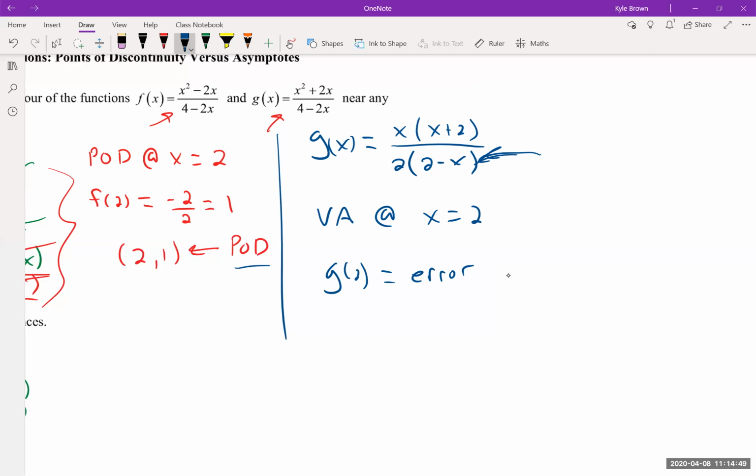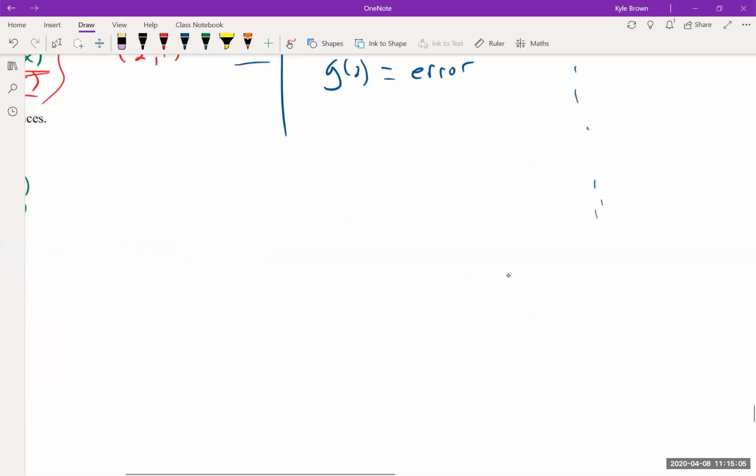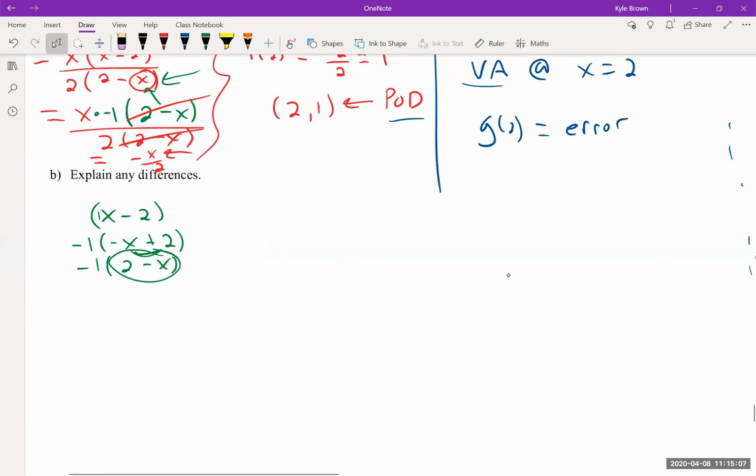So there is no actual point for a vertical asymptote, because it's a vertical asymptote, right? That's going to be the dotted line where it's approaching that, like it never does get to that point. Okay. So yeah, that's pretty much it. I think we kind of explained the differences there enough. Hopefully that makes sense to you guys. Let's move on to the next one here.